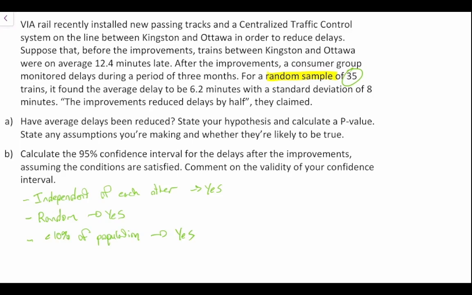If we're assuming some kind of relatively normal distribution, we notice that what's missing from the question is a population standard deviation, and we have a relatively small sample size. So we're going to go ahead and use our t distribution.